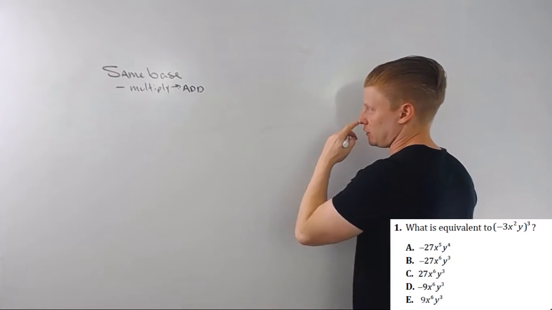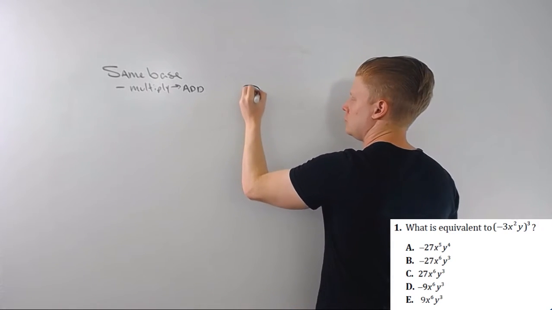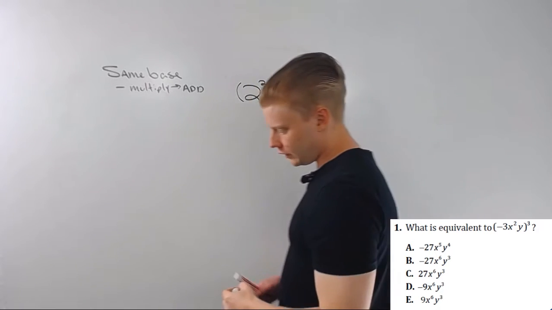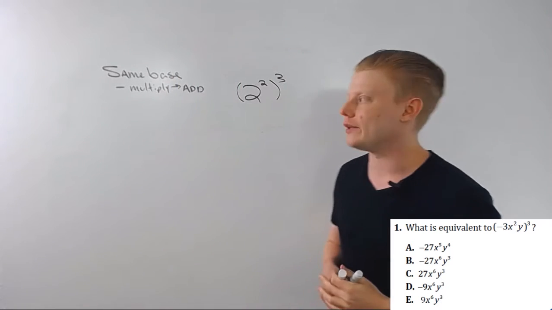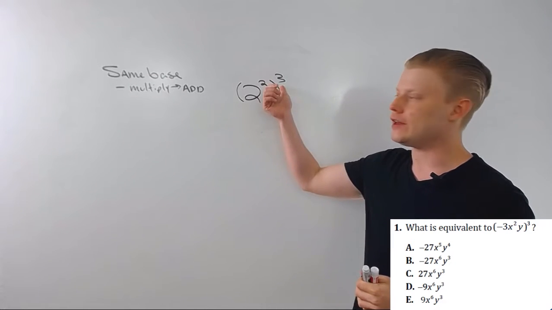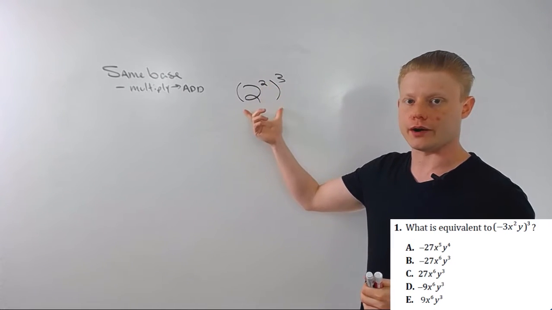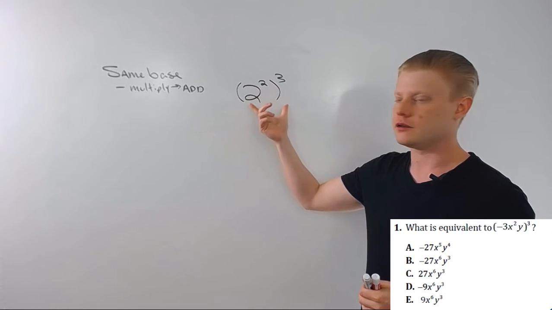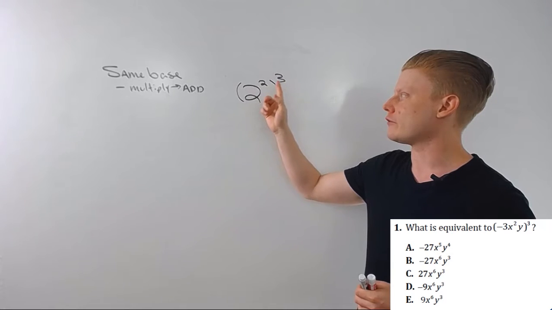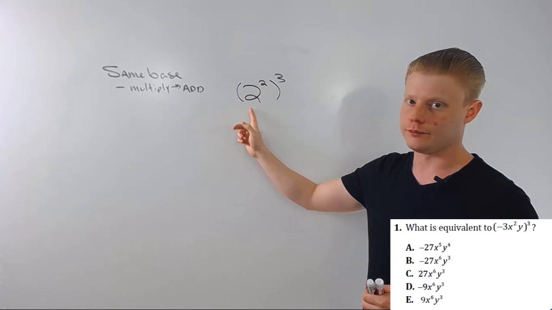Let's say I have something like this: 2 squared to the 3rd power. Now in this example, I don't have the same base. The base of this cube is actually 2 squared. So I have to take everything in here to the 3rd power.